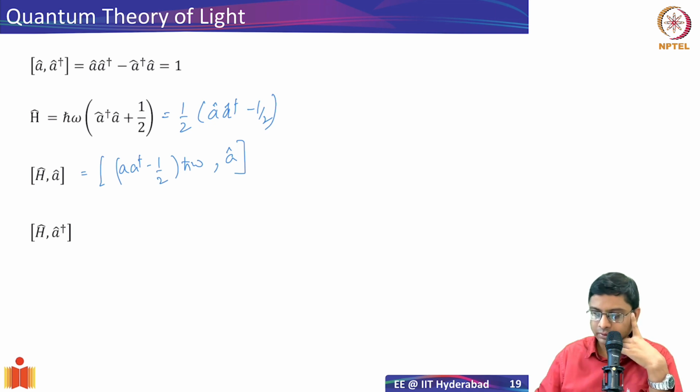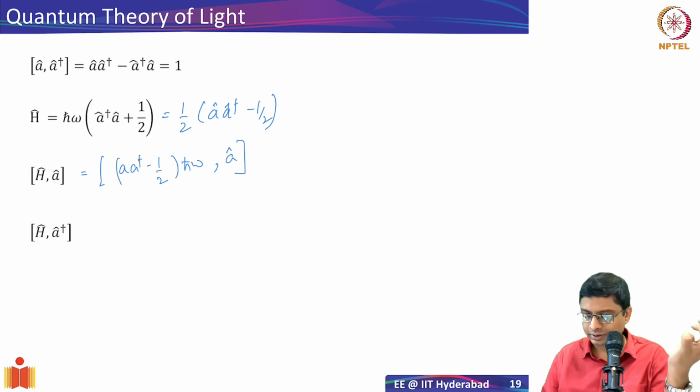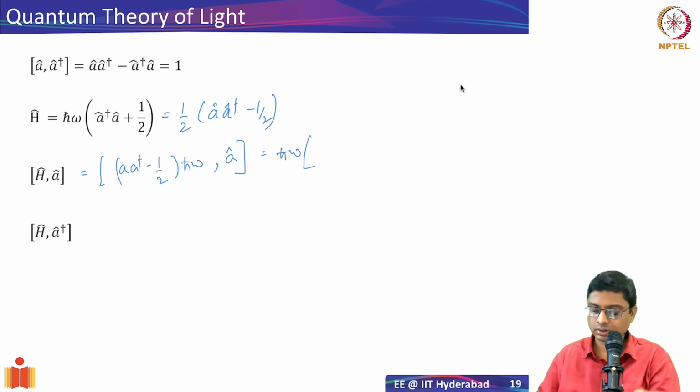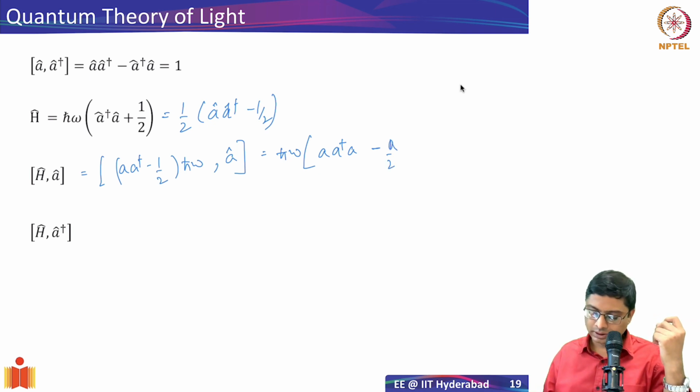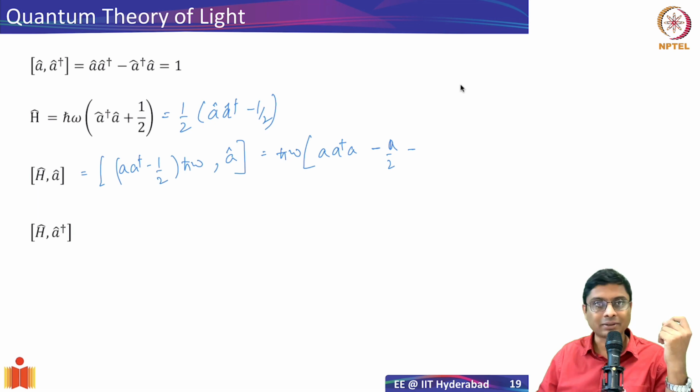And that will turn out to be equal to, or we can expand this, h cross omega everywhere into a dagger a minus a by 2, correct? I'm using a dagger a plus half. Let me drop the hats, but they're all there. I mean, they're all operators.